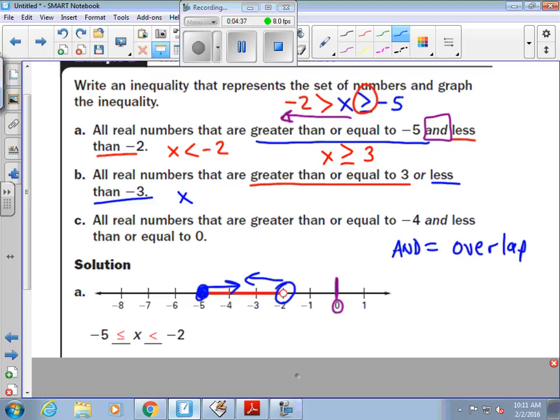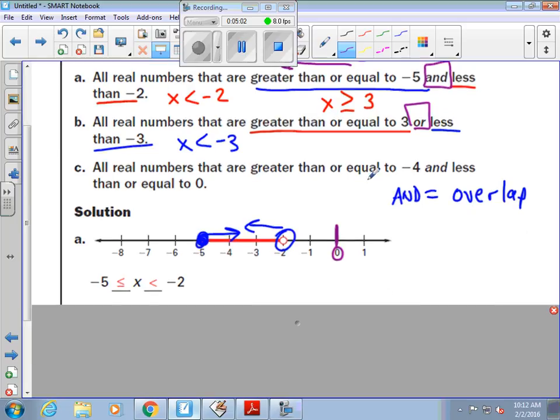X is less than -3. Again, important: "or." When you have an "or" inequality, they're written simply as two separate inequalities. So the first one is x is greater than or equal to 3. And then in the middle, you write that little word "or." X is less than -3.